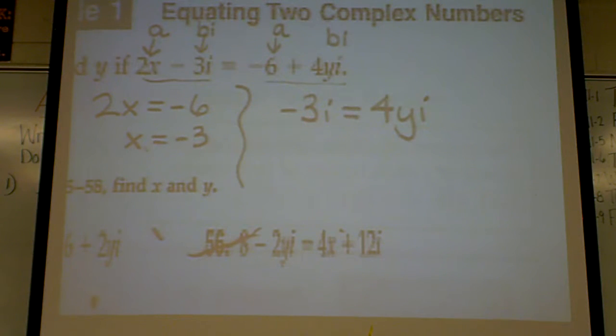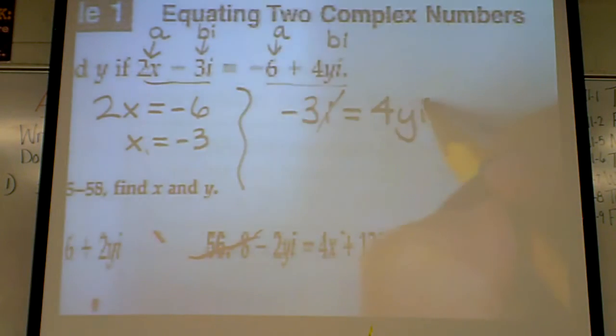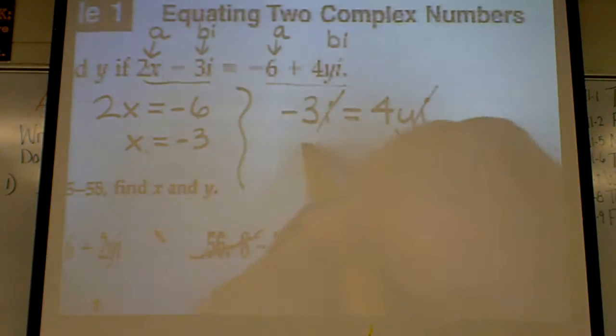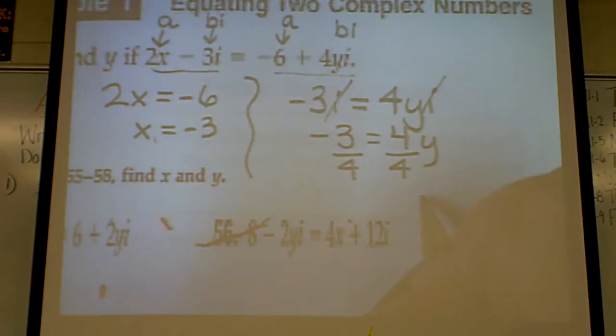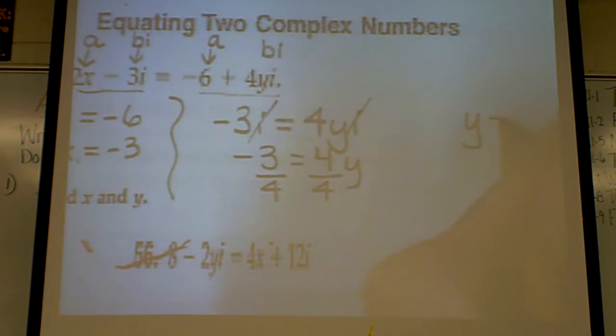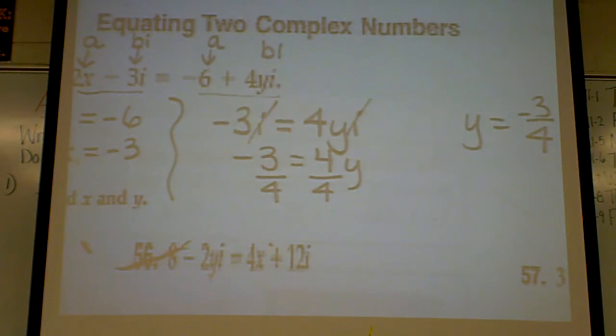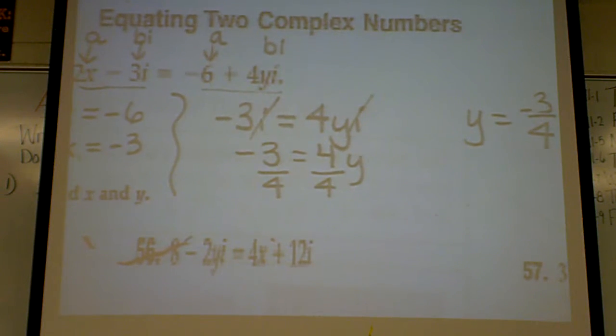What cancels in this equation? The i's. You can divide both by i, these cancel. So you have negative 3 equals 4y. Divide by 4. And so y is equal to negative 3/4. Easy? Now be careful. What if I gave you this problem?